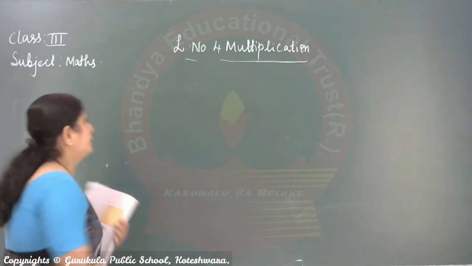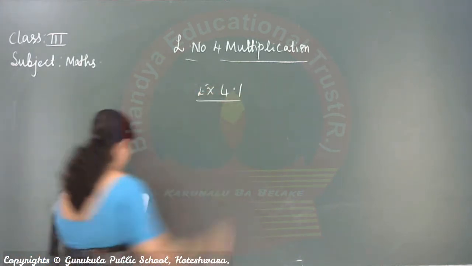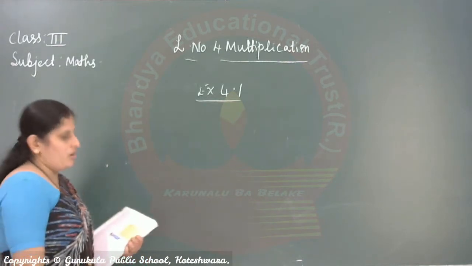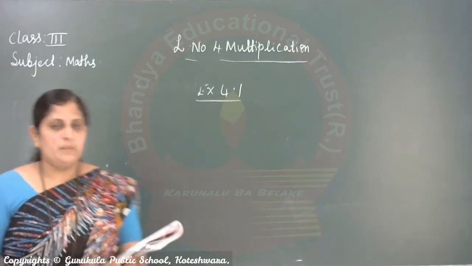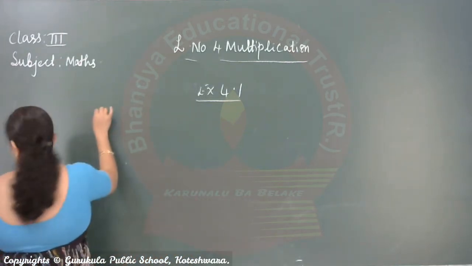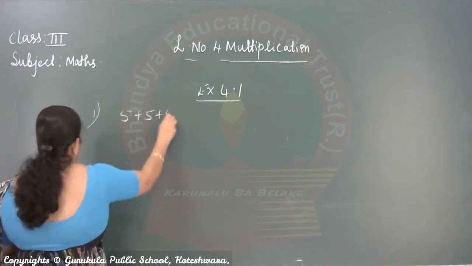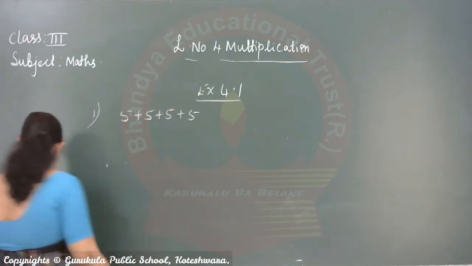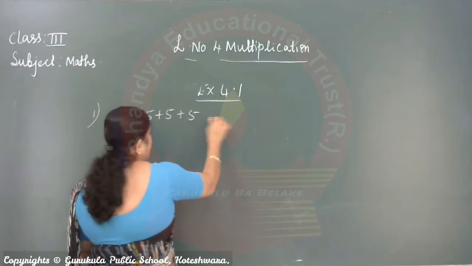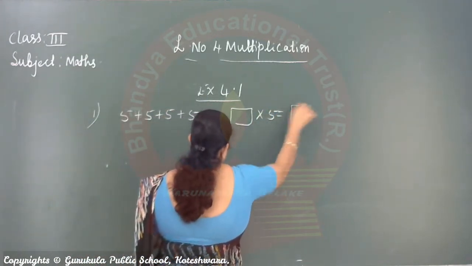Exercise 4.1. Fill in the box. See here, fill in the box is given. First question, that is 5 plus 5 plus 5 plus 5. Correct? So here, box into 5 is equal to box.